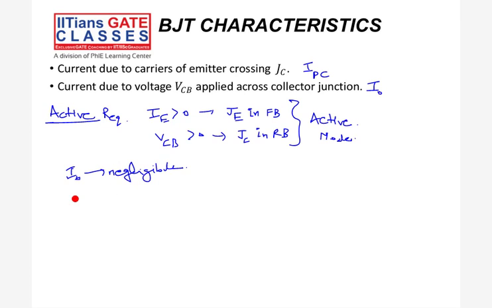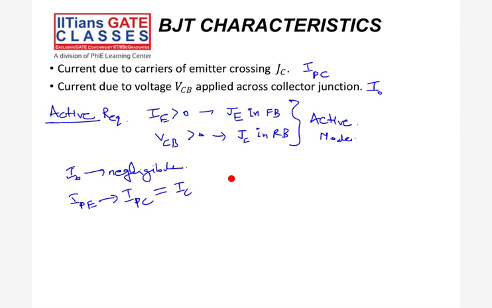And the second thing, IPE. IPE carriers will be reaching the collector, so they are providing IPC. The IPC current they provide will be equal to IC here. So this current is negligible, and this current is far greater.